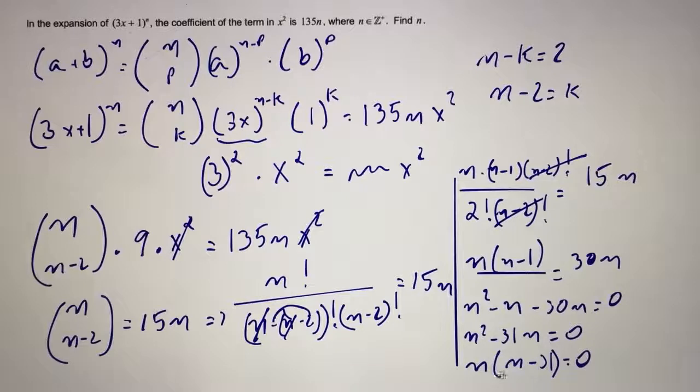Well, from this, I have two possibilities, right? Either n is equal to 0, which can't be because n is a positive integer, or n minus 31 is equal to 0, which leads to n being 31.